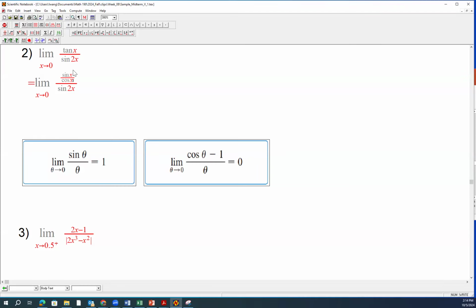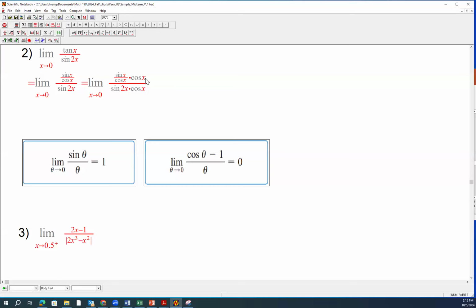So we bring cosine x with us: multiply cosine x on top and multiply cosine x in the bottom.